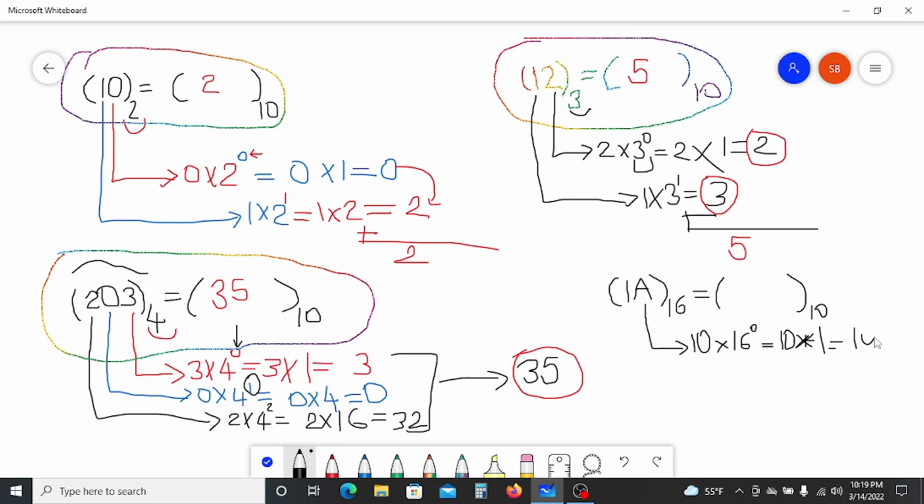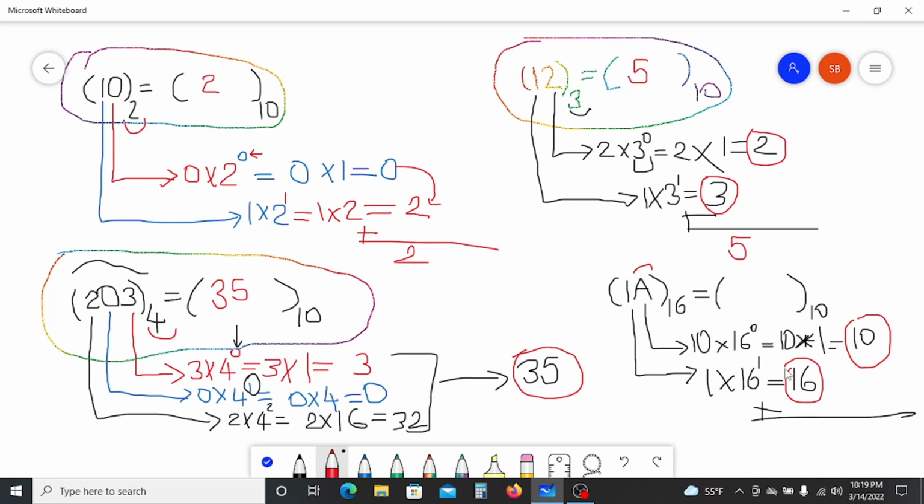And the second number is 1 times 16 to the power 1. It is 16. So if we add these two numbers, the first digit A gives 10, another one is 16, total is 26.